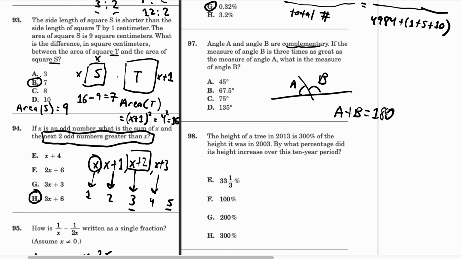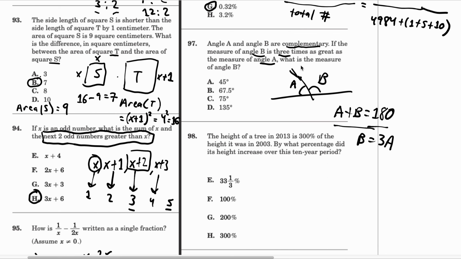Since this is a line split up into A and B, it'll add up to 180 degrees. So you can think of the diagram above as the graphical representation, and this as the algebraic representation of complementary. Now we're told that the measure of angle B is 3 times as great as the measure of angle A. So we know that B is equal to 3 times A.